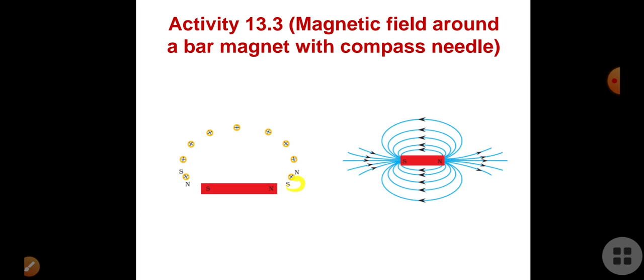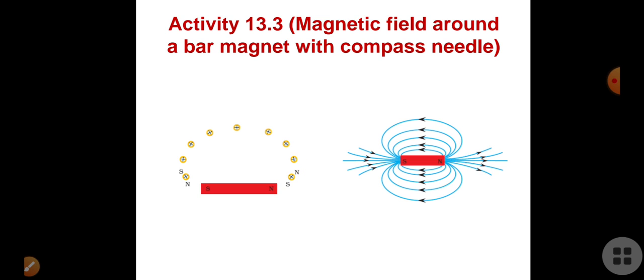Like we place this compass here, and now how does it behave? Simply because this is a bar magnet and its north pole is on this side, if we place this compass needle here, then its south pole will point towards the north pole of the bar magnet, and its north pole will point on the other side.